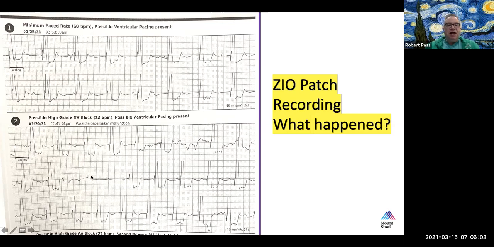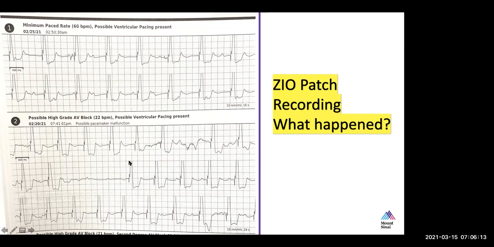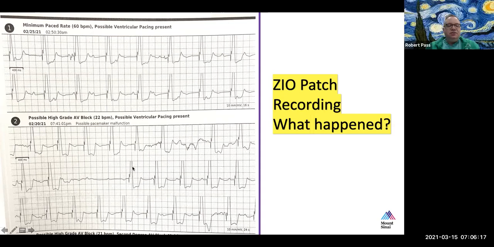If I told you the patient was programmed to VVI at 60, I think you would agree that this is not a rate of 60 from this to this QRS. This is in fact like a 2-second pause, or nearly 2 seconds. A second and a half. So how would you explain this?